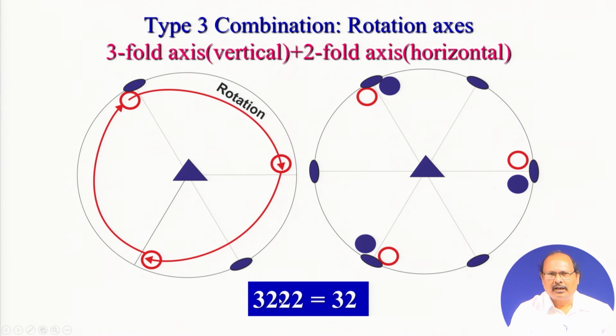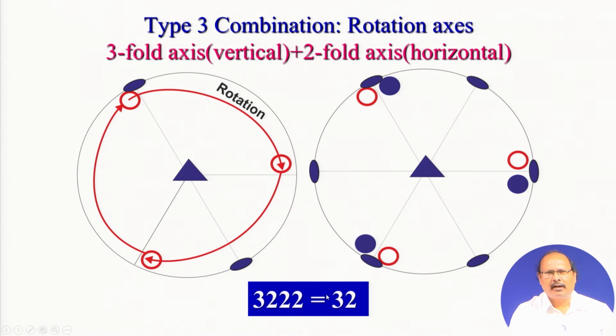So, with the starting two-fold axis, you have generated two more two-fold axes, a total of 3. But as we have seen in the case of 3 m, the horizontal two-fold axes are equivalent because they are related to each other by the angle of 120 degree, which is the mandate of the repeat angle of the vertical three-fold axis. That is why we call this 3 2, not 3 2 2 2.